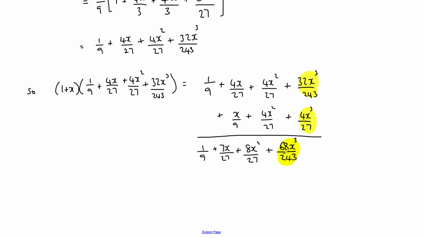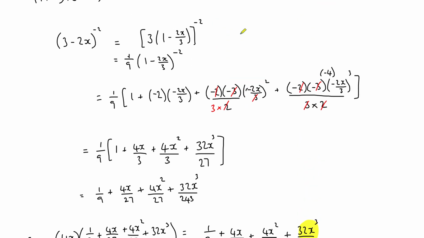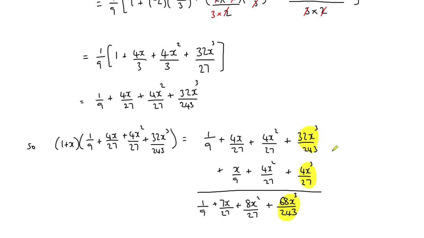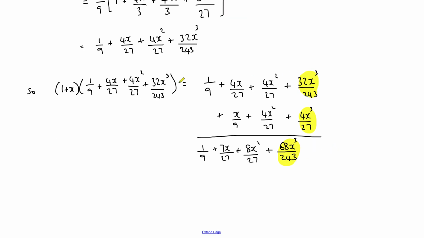So if they just asked for the x cubed coefficient, you would only need to concentrate on these two. You'd still need to do all of this work, but you would need only to then add the two terms up that would give you an x cubed term.